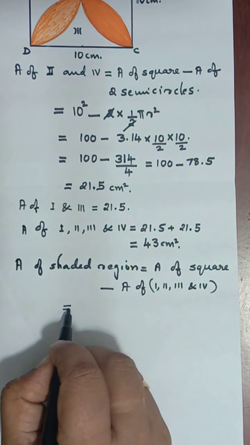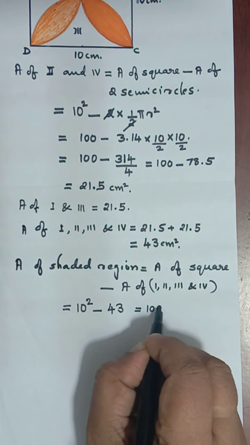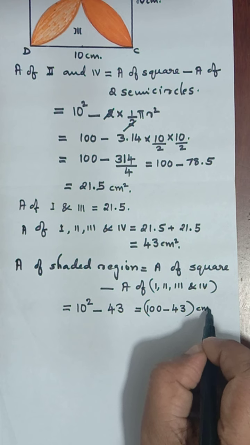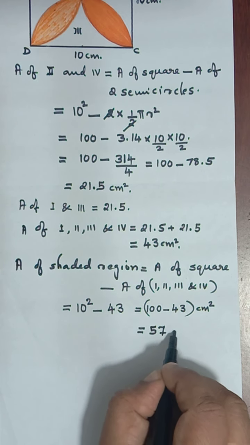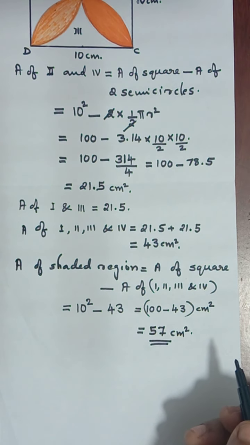Okay, what is the area of the square? Side is 10, so 10 square minus this area, which is given as 43. So 100 minus 43 cm square. Subtract, children, what do we get? 57 cm square. So I hope you understood.